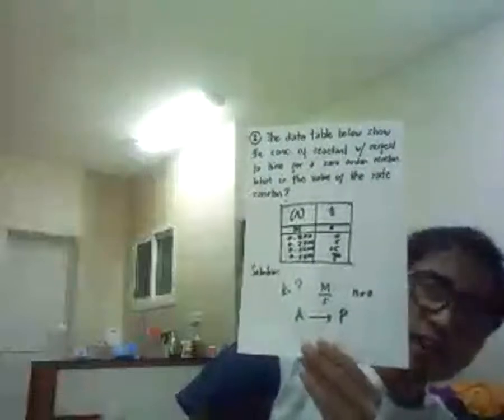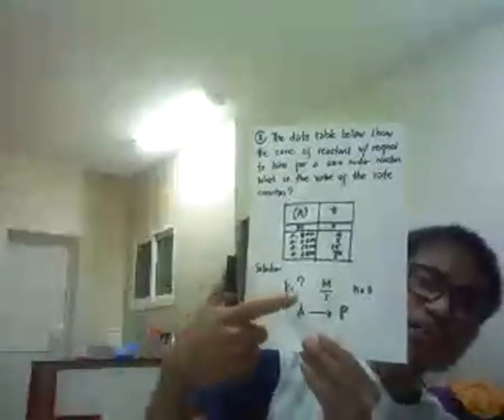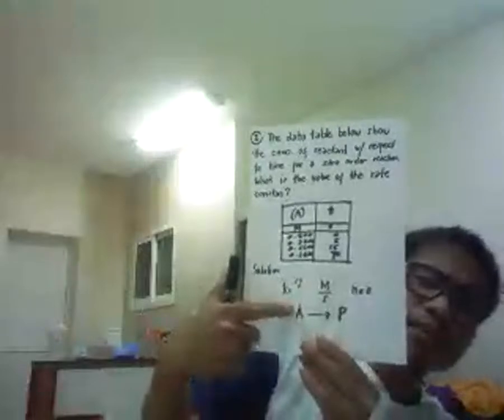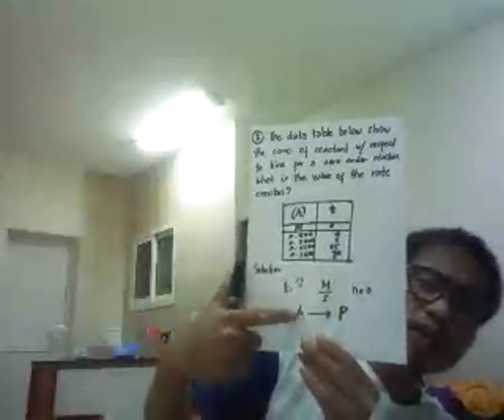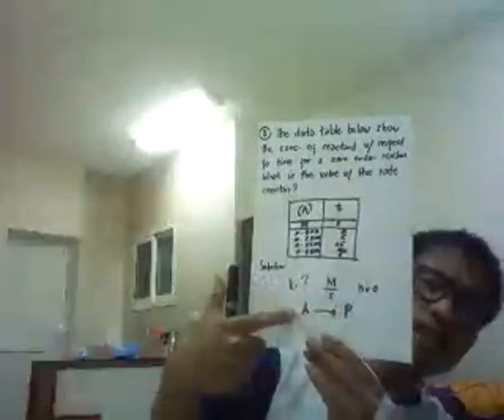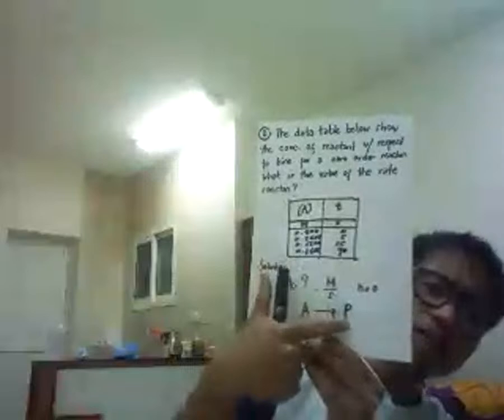Our focus is on concentration A, so we need to say that the rate of A decreases and the rate of B increases.